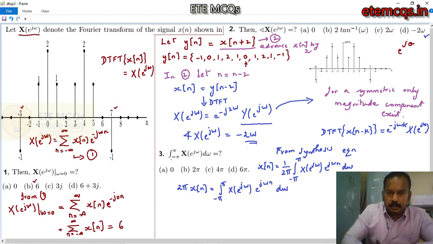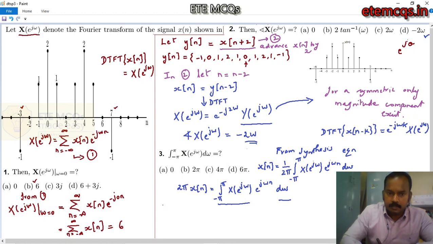Now this part, integration between minus pi to pi of X of e power j omega d omega, remains here. We are supposed to find only this part. So let us just put n is equal to 0. When we substitute n is equal to 0, we will get this particular part as such over here. So the left hand side will be your final solution.